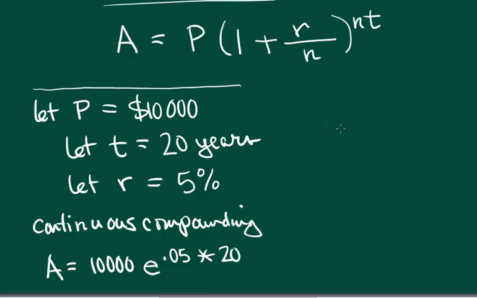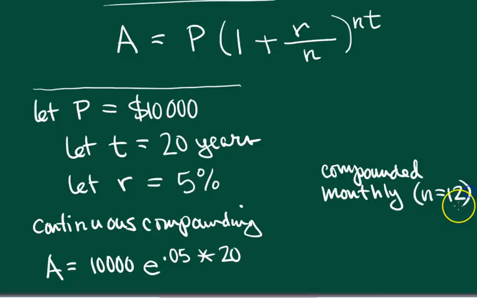And let's suppose that otherwise we have it compounded monthly. So that means we have 12 compounding periods in a year. That gives us a future value of 10,000 times 1 plus.